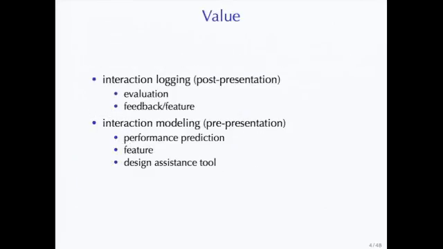So what's the value here? Obviously for interaction logging, I guess most of us in the room should understand that logging is very important for evaluation of systems. So the richer our logging, the more accurate our logging, the better we can evaluate an interface that we have actually launched into production.